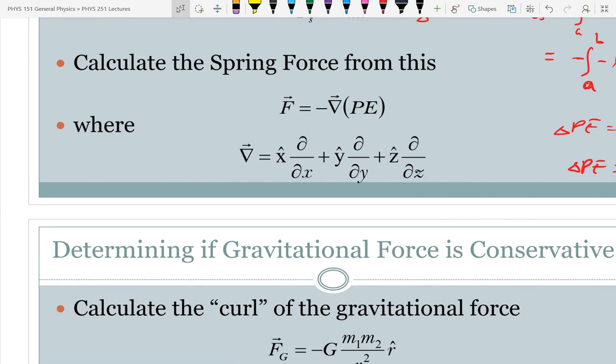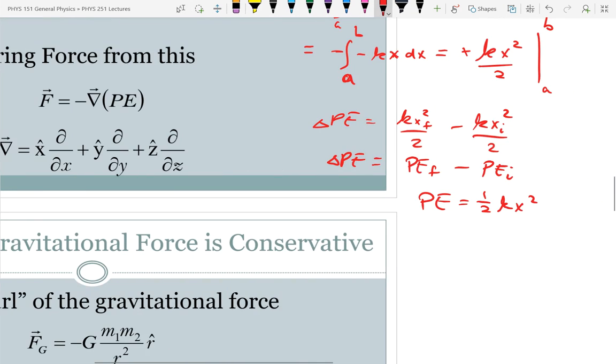Now we're going to do one more thing. Let's say that you were given that the potential energy is 1/2 kx squared, and you're asked, what's the force associated with this potential energy?